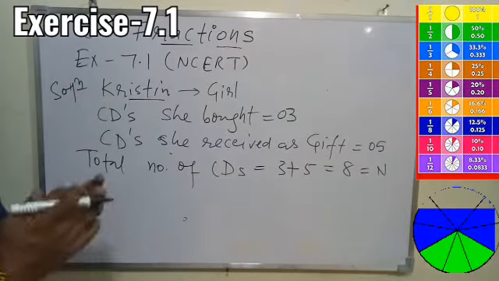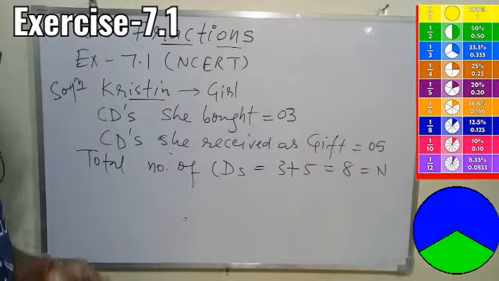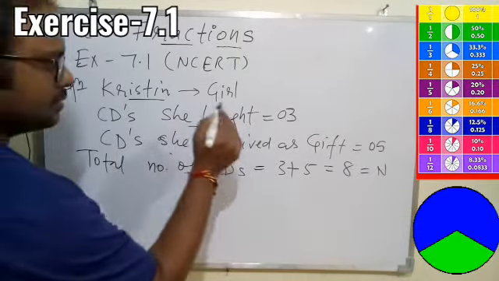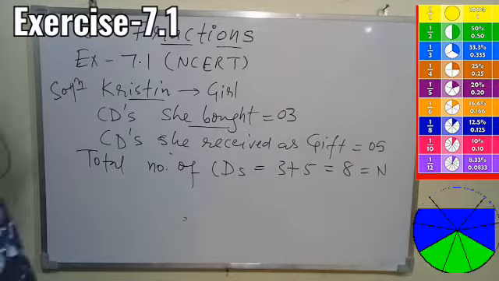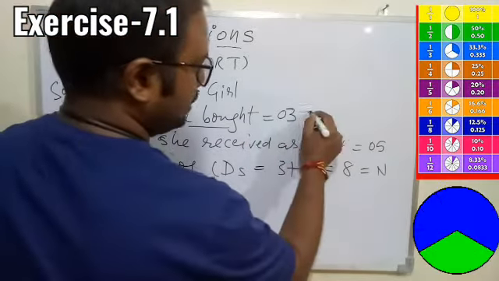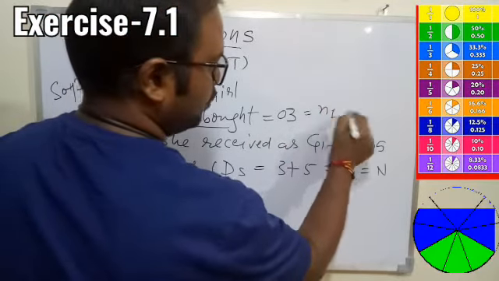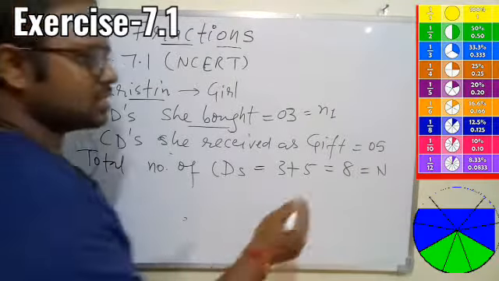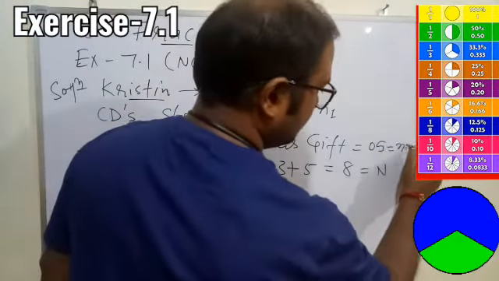So now we can say she has a total of 8 CDs, that is capital N, and the CDs she bought from the market, that is 3. So let this be N1, that is number 1, and the CDs she received as a gift, 5, let it be N2.